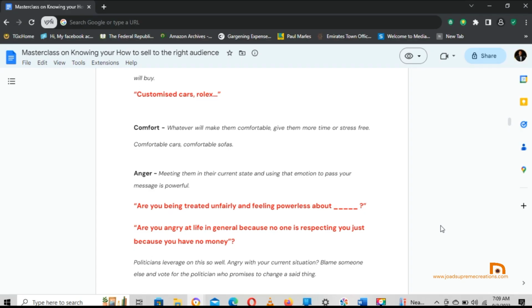That is why politicians also leverage all of these emotions in order to sell to the public. Politicians leverage this so well: angry with your current situation, blame someone else and vote for the politician who promises to change a certain thing. What does that mean? If the condition of the country is very bad and a particular government is there, and people keep blaming this government, saying you've been so bad, you're unable to provide this and that, the time will come during the next election.